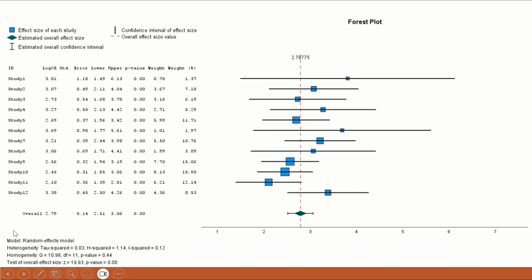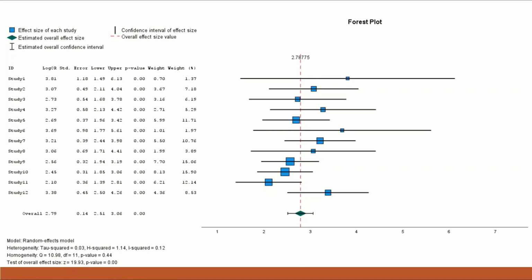The third section here shows the overall with the heterogeneity test, which examines the degree of variability among the results from those 12 studies, with an I-squared generated, which is 12%, which is a low level of heterogeneity with a p-value greater than 0.05.